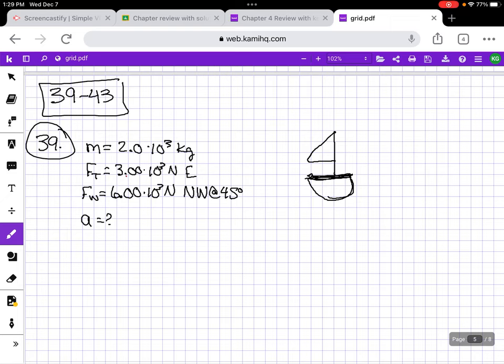So we've got mass is 2,000 kilograms, and force of the tide is 3,000 newtons. Yes, baby.